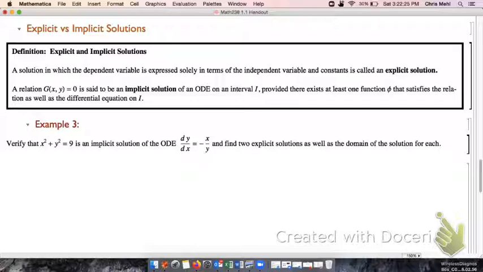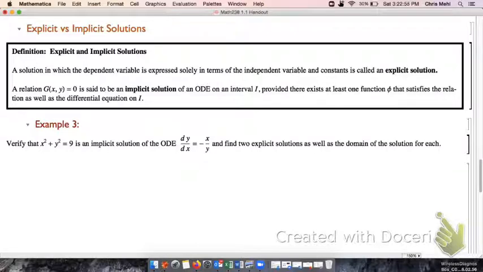A relation g of xy equals 0 is said to be an implicit solution of an ODE on an interval I, provided there exists at least one function phi that satisfies the given relation as well as the differential equation on I. So basically it says it's an implicit solution if there's a way to use it to find at least one explicit solution that also satisfies the relation and the differential equation.